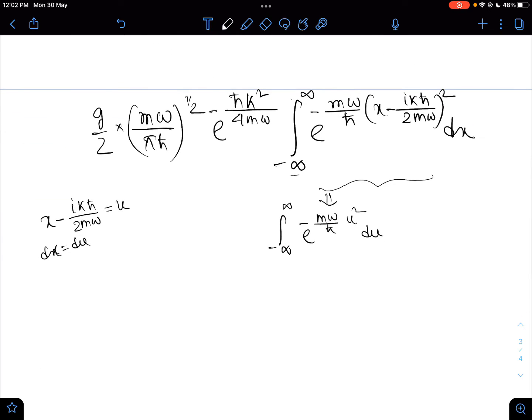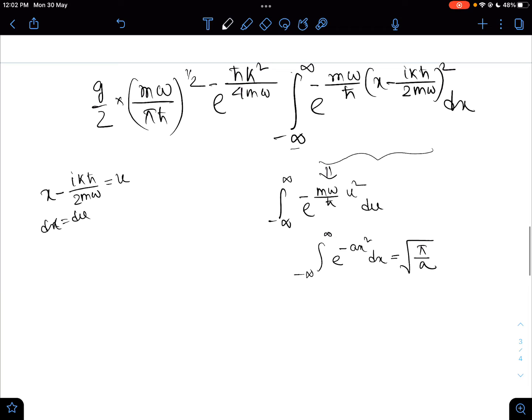So we know a formula that the integral from minus infinity to infinity of e to the power minus a x squared dx will give us root under pi by a. So this will give us root under pi ħ by mω.